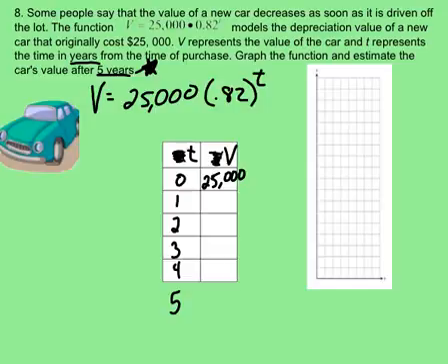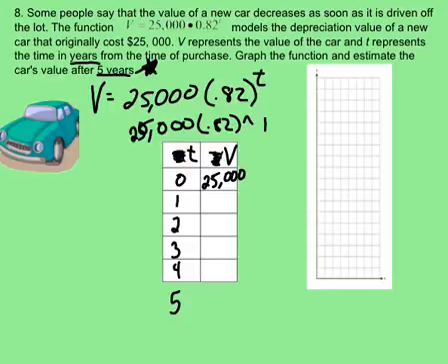Now 1. So what I would type in my calculator is 25,000, 0.82 caret key, and I just put 0. And by 0, I know 0 is going to work out to be 25,000, so I'll start with a 1.